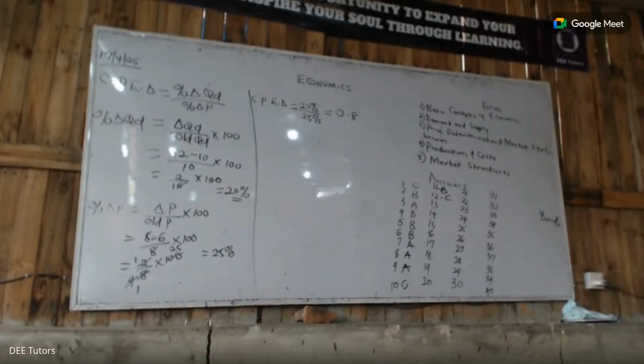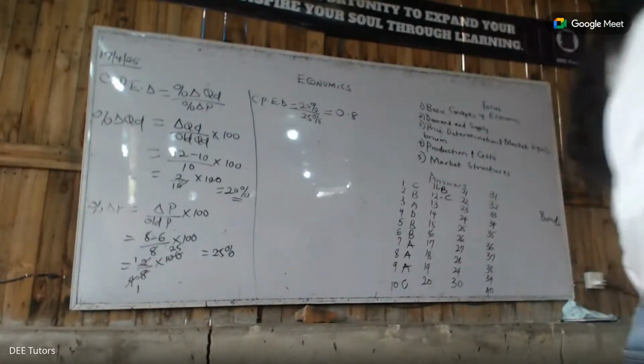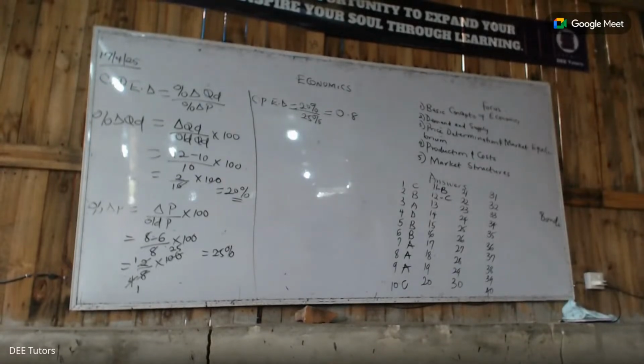What else? So we have markets according to commodities sold in them: money market, capital market, stock exchange market, consumer market, producers market, and so on and so forth.